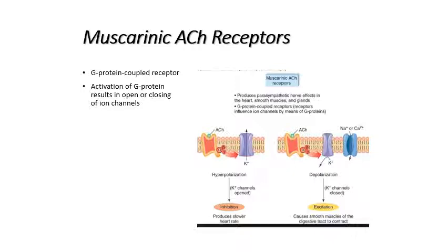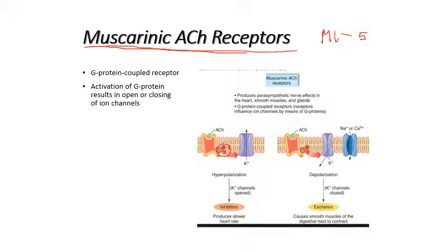We are also going to see there is another subset of acetylcholine or cholinergic receptors. Those are the muscarinic. In this case, the muscarinic receptors are G protein coupled receptors. Again, there are M1 through M5, so there are 5 different muscarinic receptors, and you can see we can get different effects depending on the muscarinic receptor that is there.